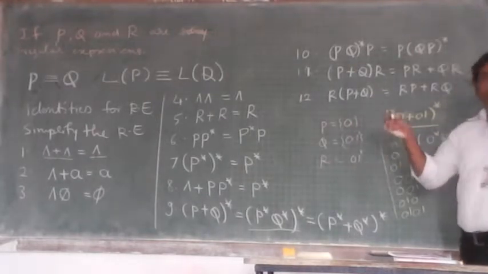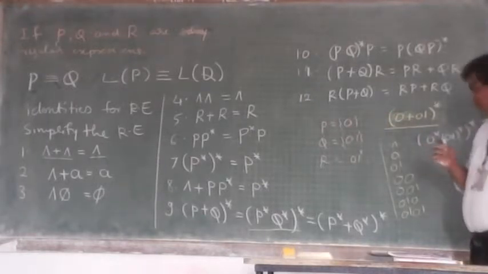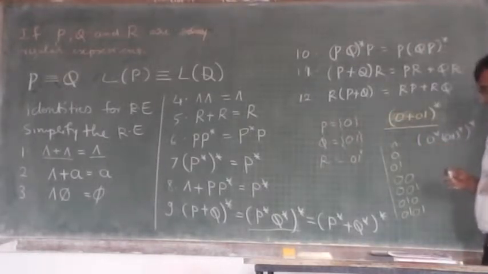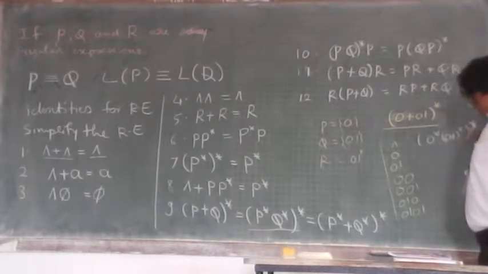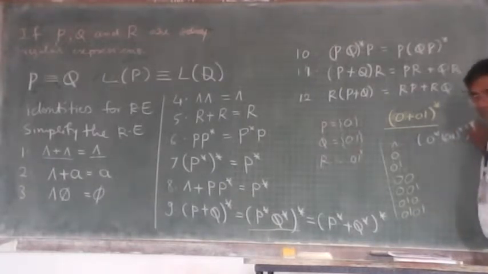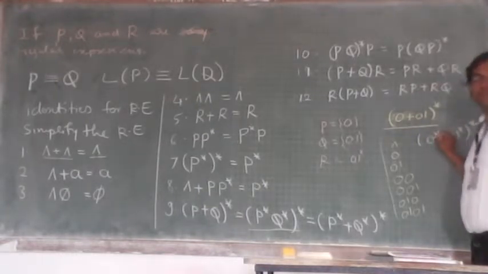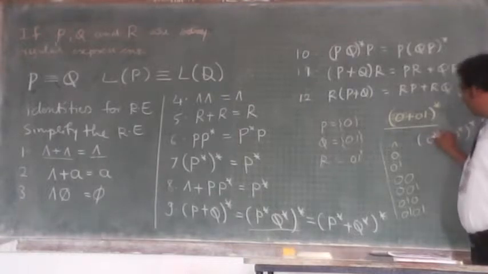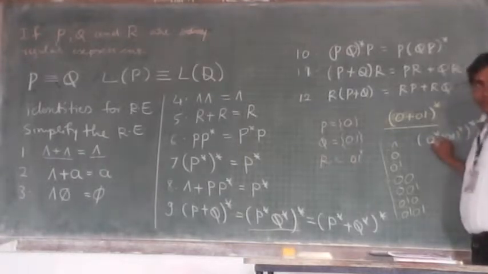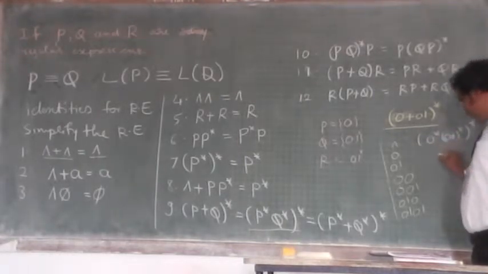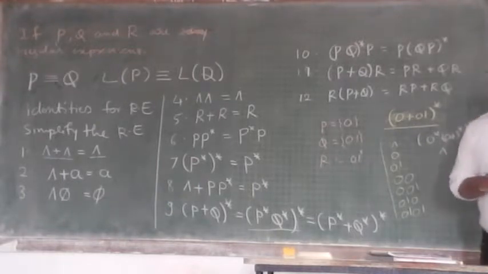So go on generating the strings out of this particular regular expression. I will consider star as 0 for the first time. In that case, you cannot select any symbol here, so I will get null.